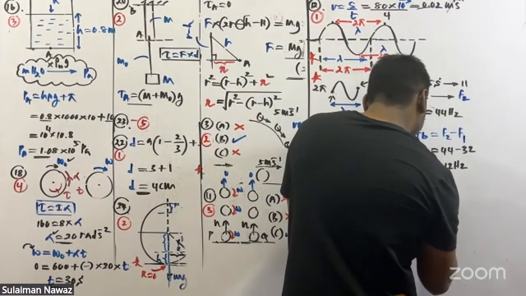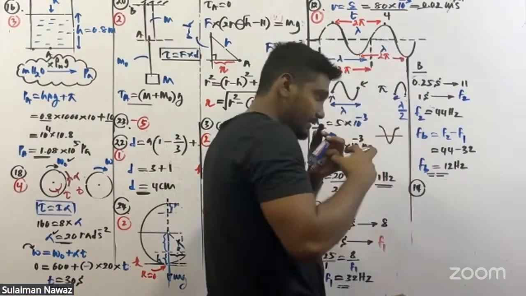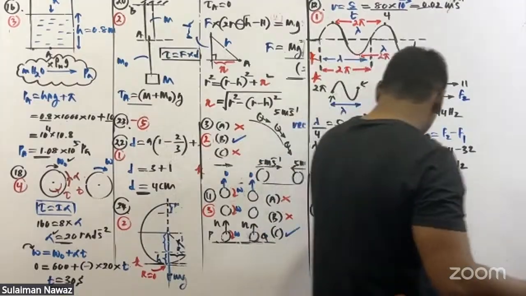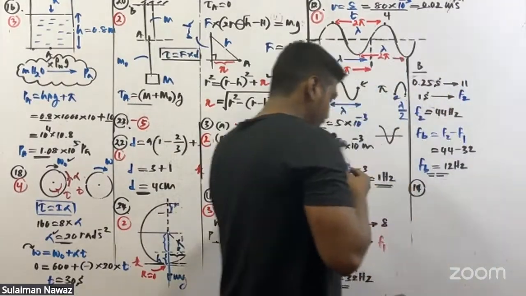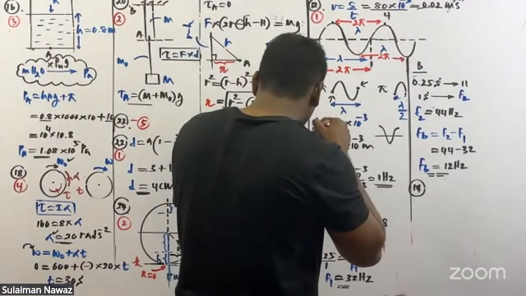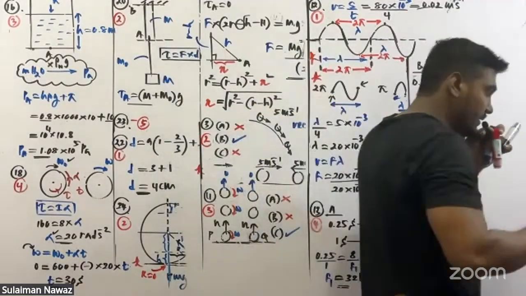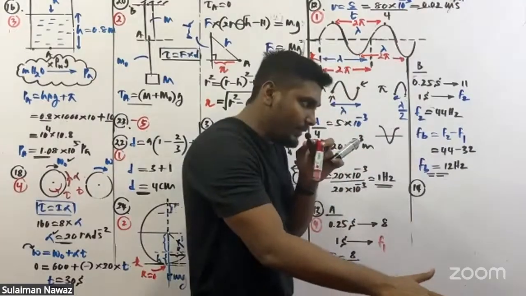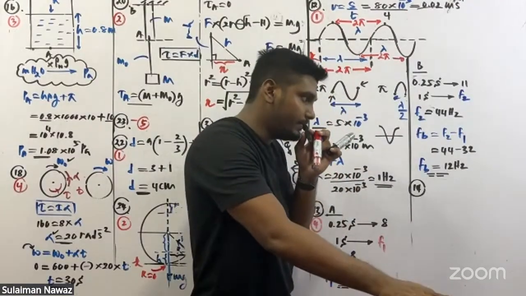Question number 13, the answer is 12, which means the fourth option. Question number 14. The frequency of the tuning fork is noted to be 512 hertz.